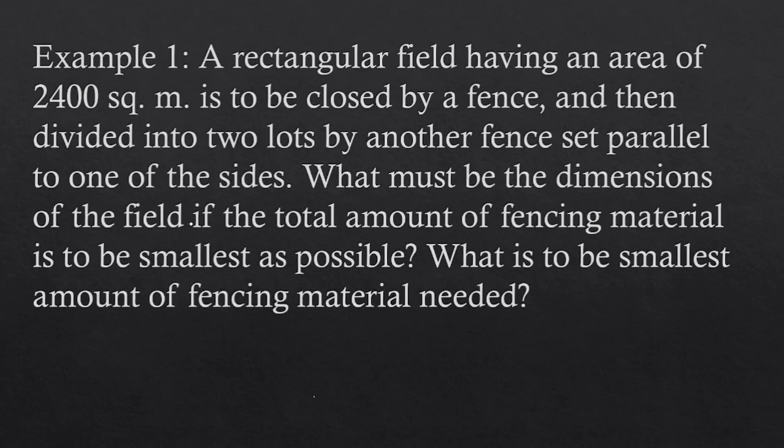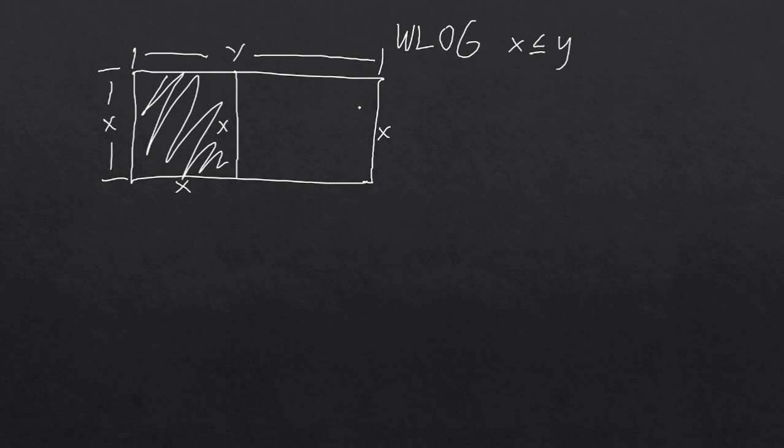And based on the problem, we are given that the area of the entire rectangle is 2,400 square meters. So the area, x times y, is 2,400.